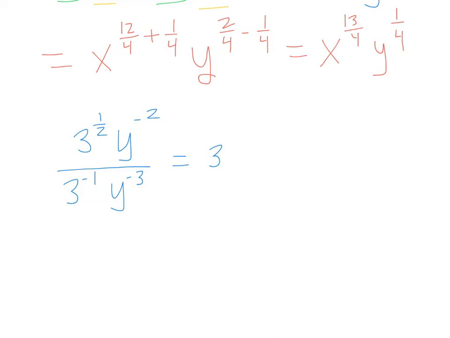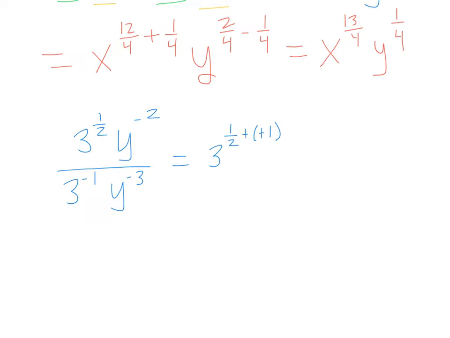So we have in the numerator an exponent of 1/2, and in the denominator we have an exponent of negative 1. So that means we can do the subtraction of those exponents. So we have 1/2 minus the exponent on the 3 in the denominator, which is -1, which is going to end up being a +1.